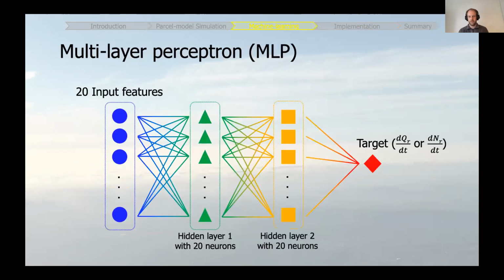There we go. Yeah, so 20 input features are normalized into values between 0 and 1. Those values are used to calculate the values in these 20 neurons, or you can think of neurons as just values.